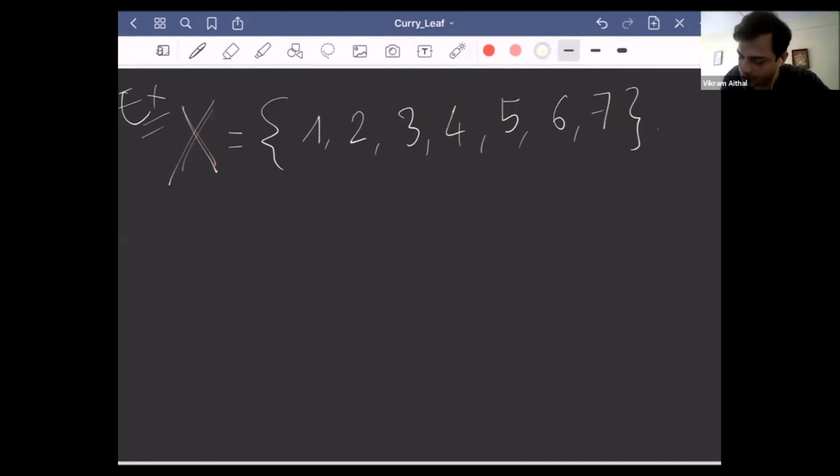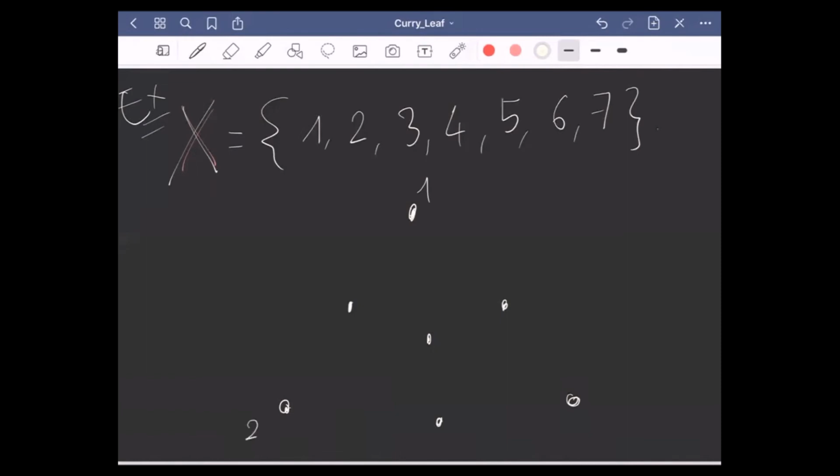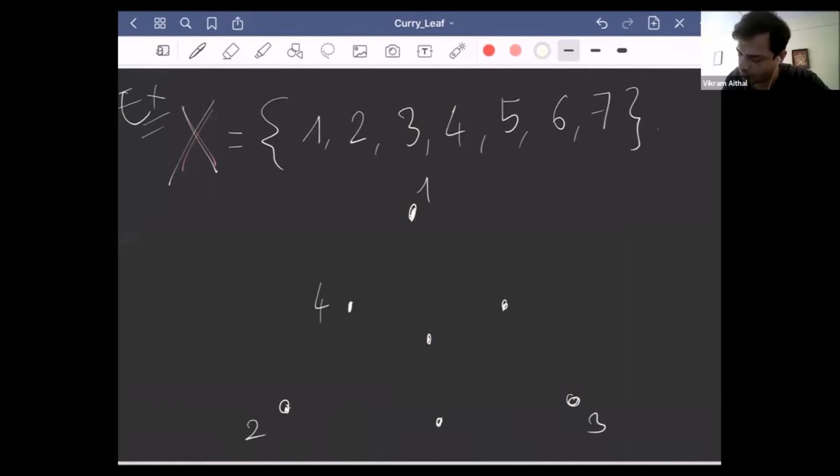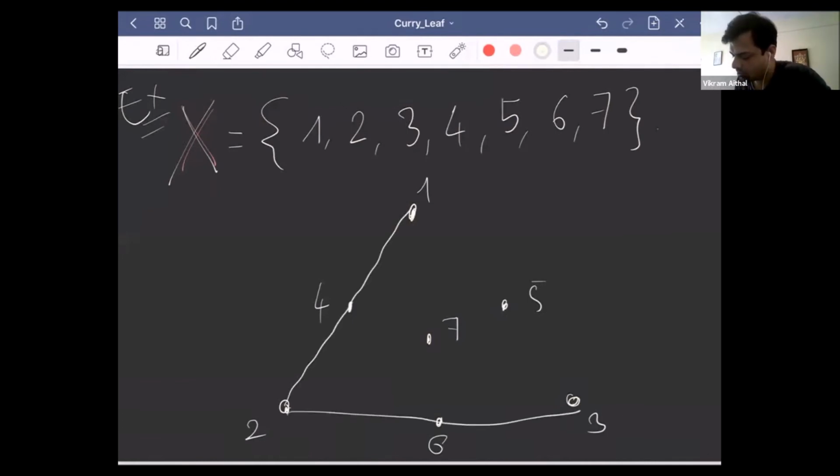I want you to think about this. So this is 1, 2, 3, 4, 5, 6, and 7. These are the points. Now, what are the lines that I'm going to take?